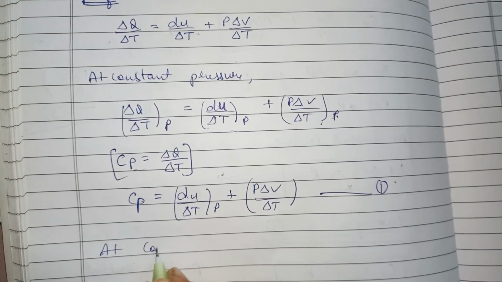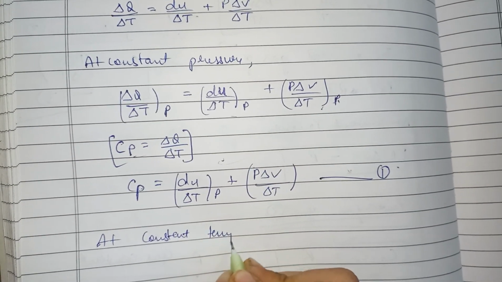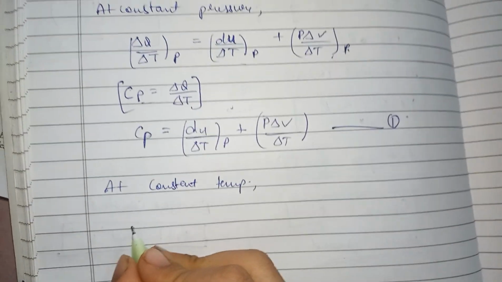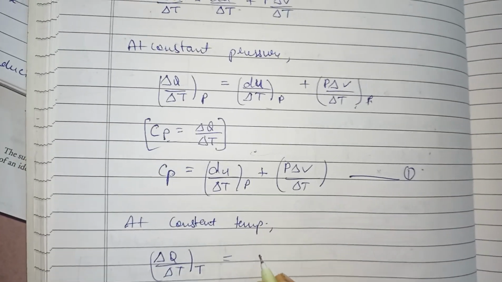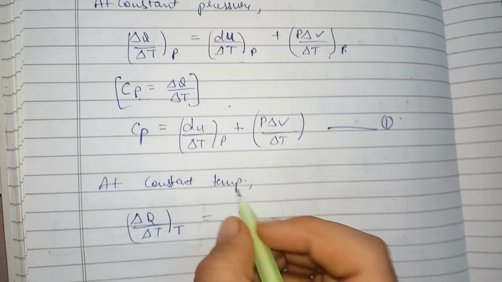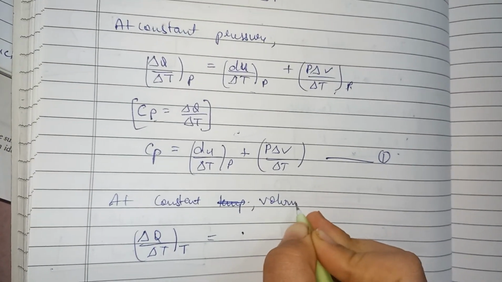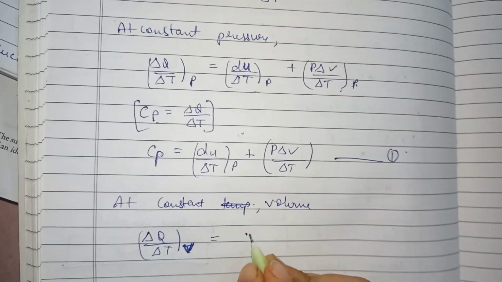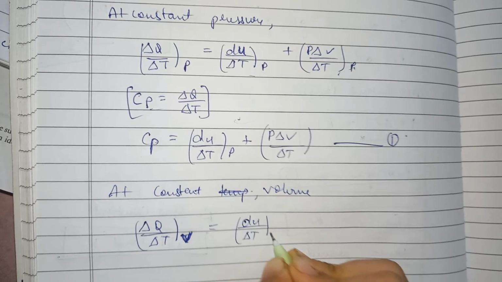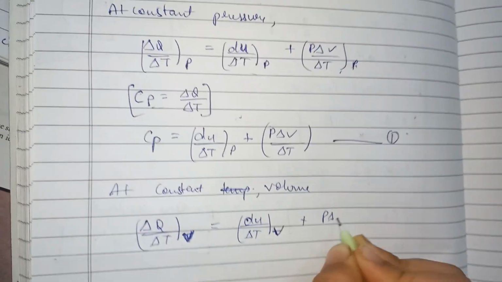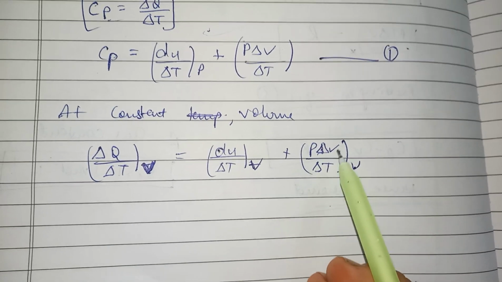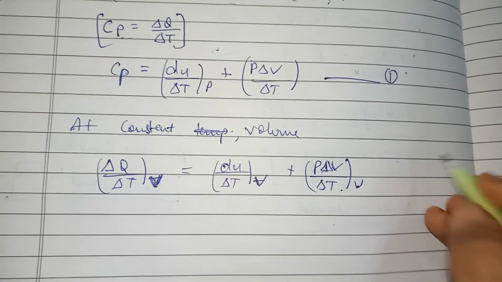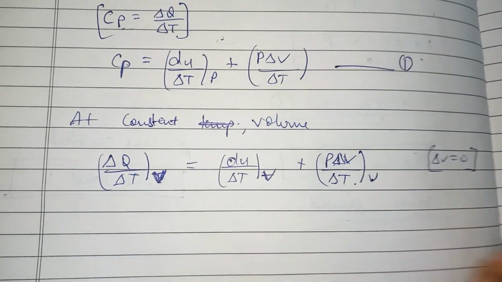Now at constant volume, we will have delta Q upon delta T at constant volume is equal to dU upon delta T plus P delta V upon delta T. Now here the volume is constant, so the change in volume will be 0 as V is constant.